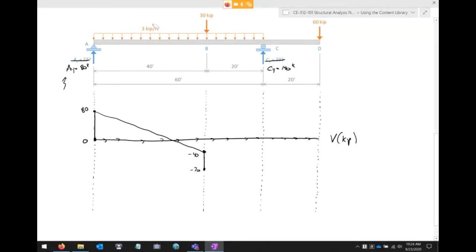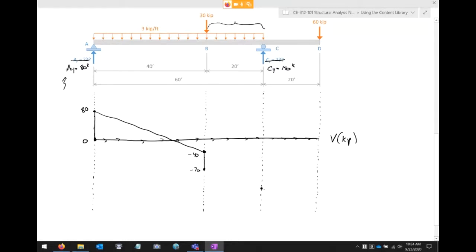Now let's go from B to C. How much do I drop? How much load is present right here from B to C? 60 kips down, exactly right. So if I'm at negative 70 and I go 60 down, that's going to put me where over here? What's that point?